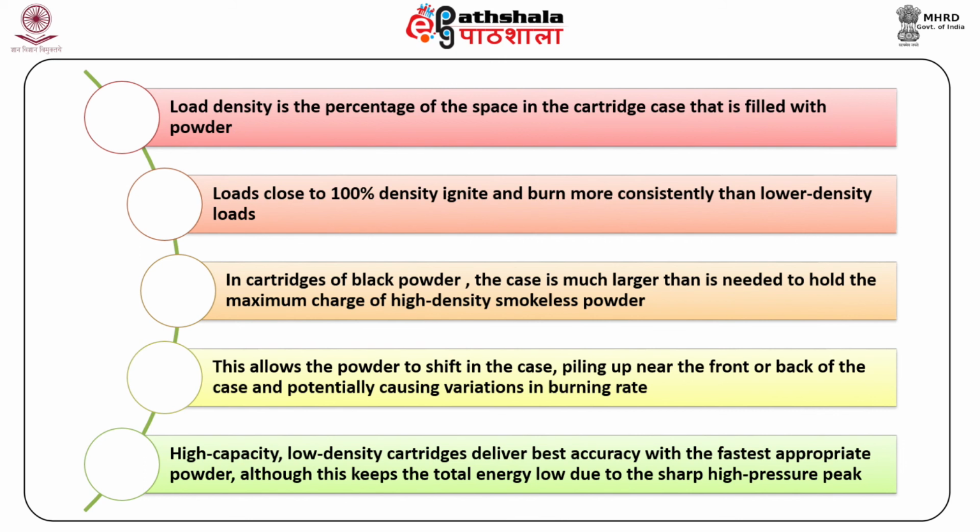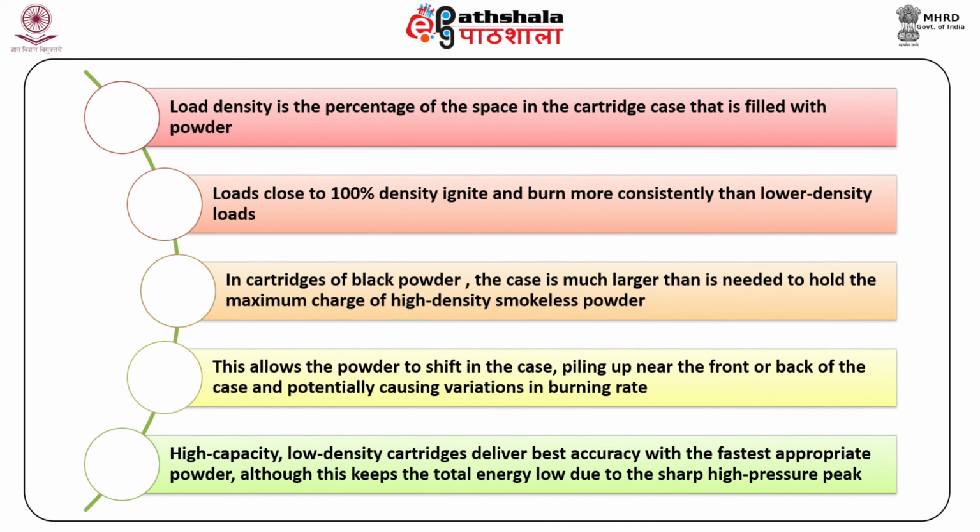The extra room allows the powder to shift in the case, piling up near the front or back of the case and potentially causing significant variations in burning rate. Powder near the rear of the case will ignite rapidly, but powder near the front of the case will ignite later.